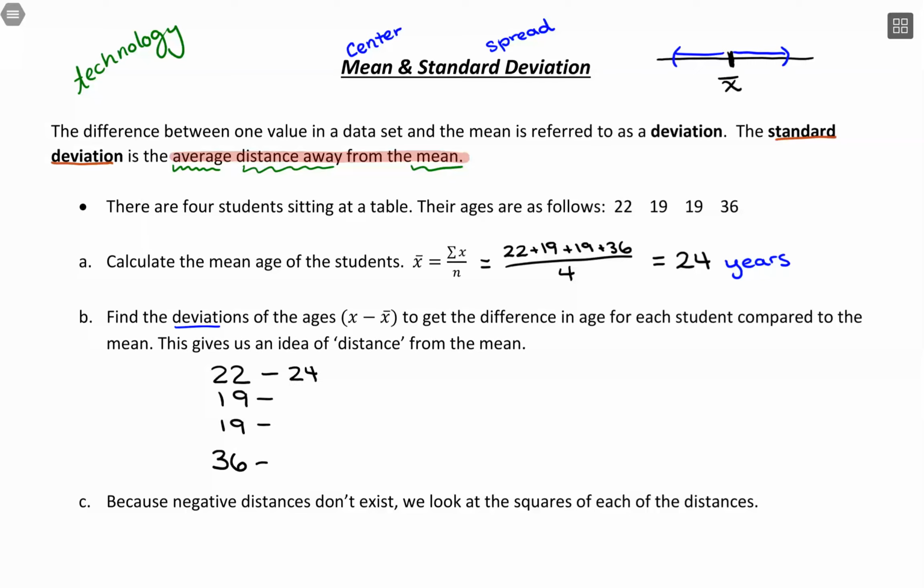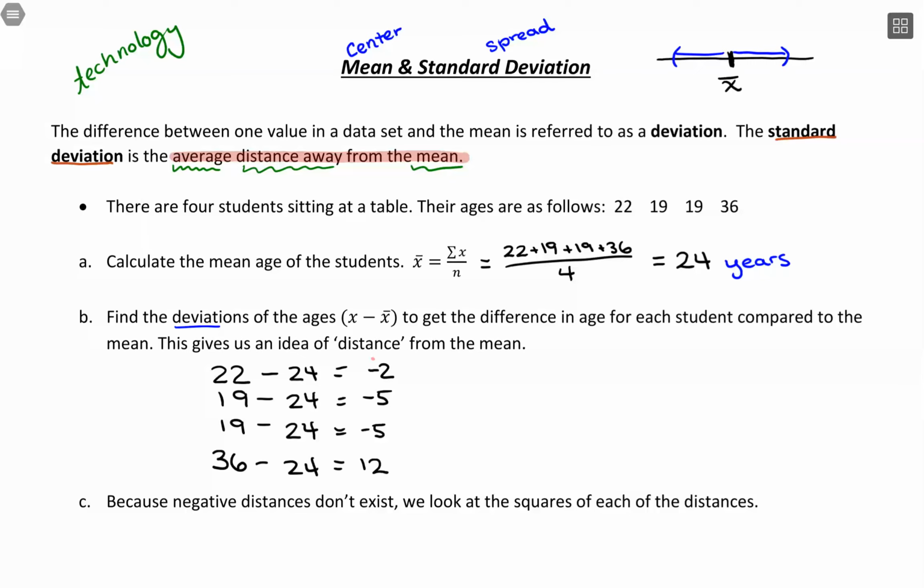So from each of those values, we'll subtract 24. And with that calculation, we get -2, -5, -5, 12.